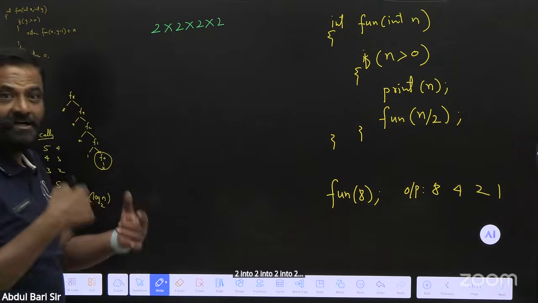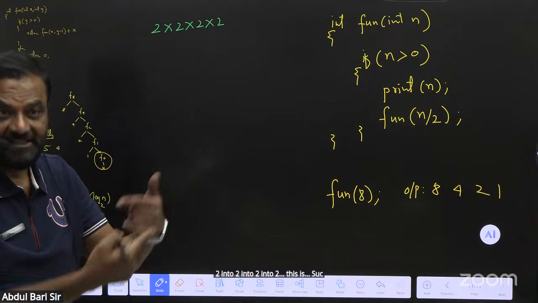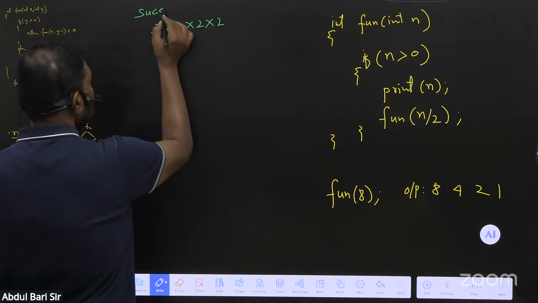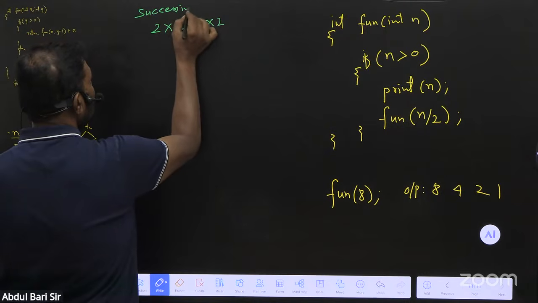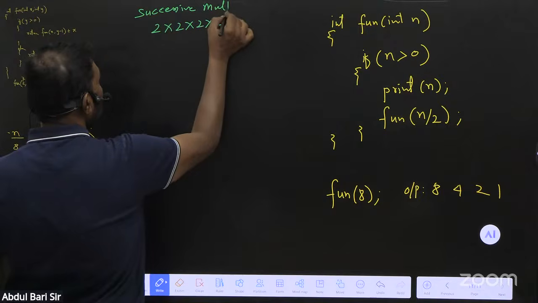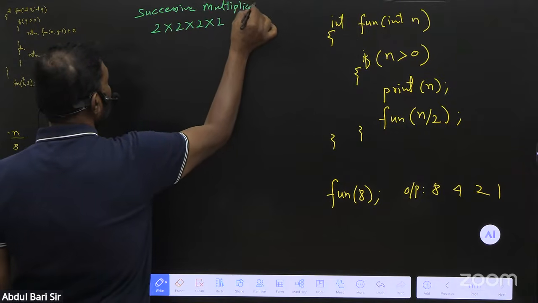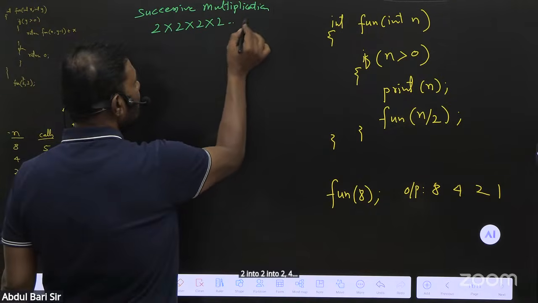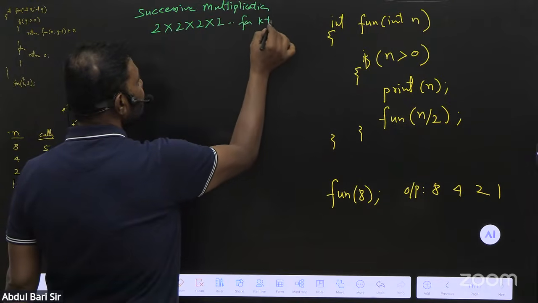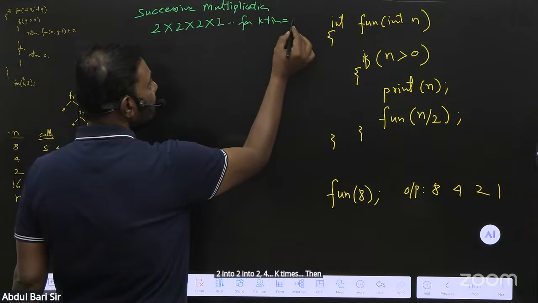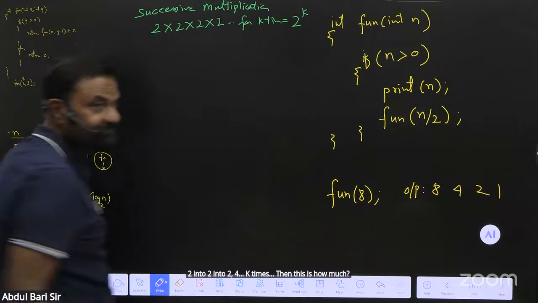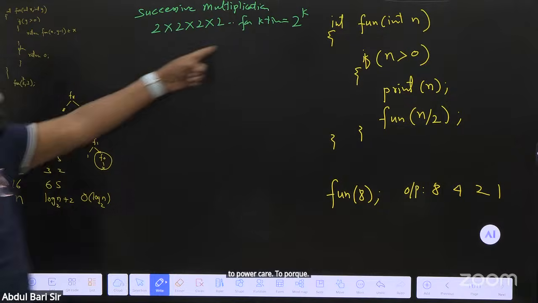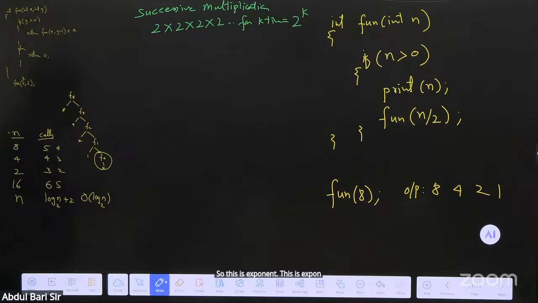This is successive multiplication. 2 into 2 into 2 for k times. Then this is how much? 2 power k. So this is exponent. This is exponent. All right.